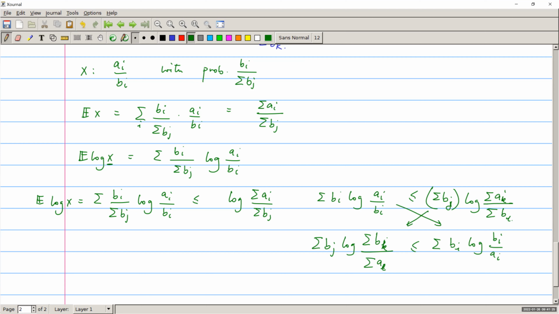And so that's why I changed the order of the ratios inside the log.